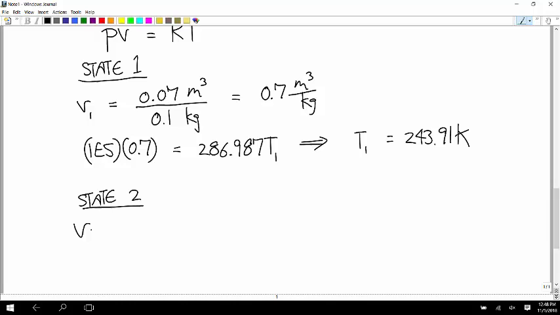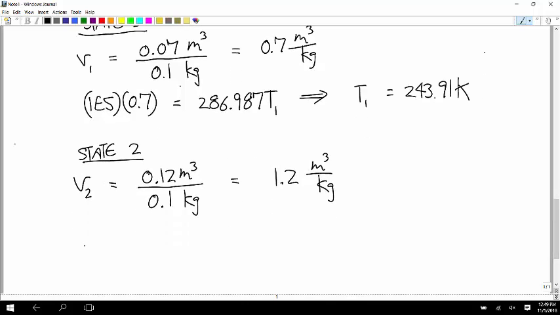The specific volume at state 2 is the actual volume, 0.12 meters cubed, divided by the mass, 0.1 kilograms. And that's 1.2 meters cubed per kilogram.